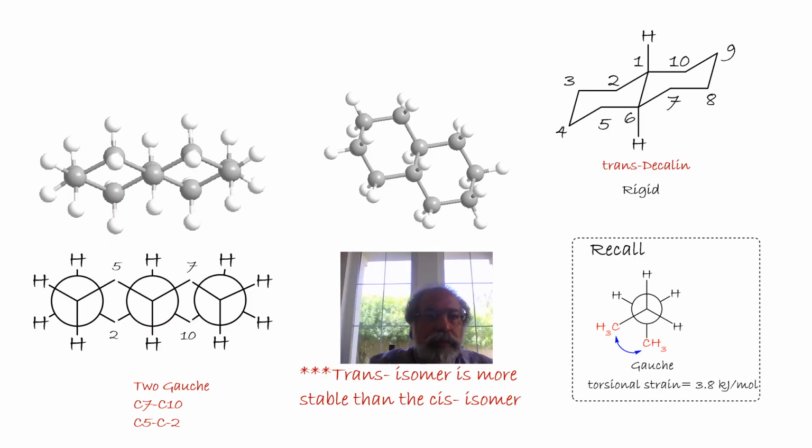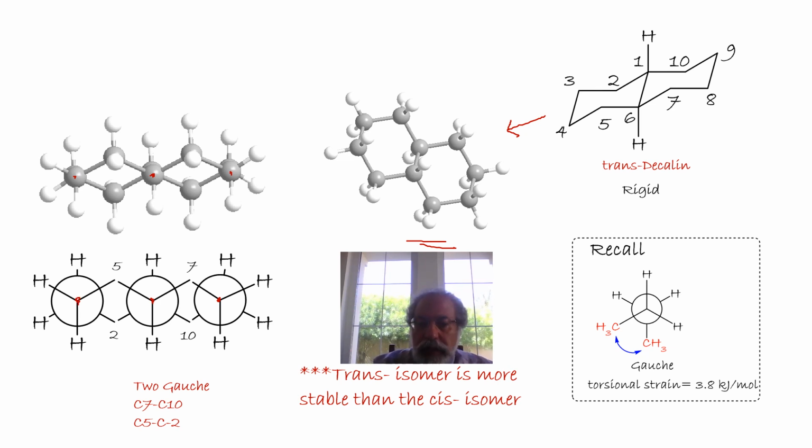Going to trans. The trans is rigid. You can't move it. Once again, transfer this to 3D and put it in a way that you can draw the Newman projection easily. Again, this is carbon 8, 6, and 4.